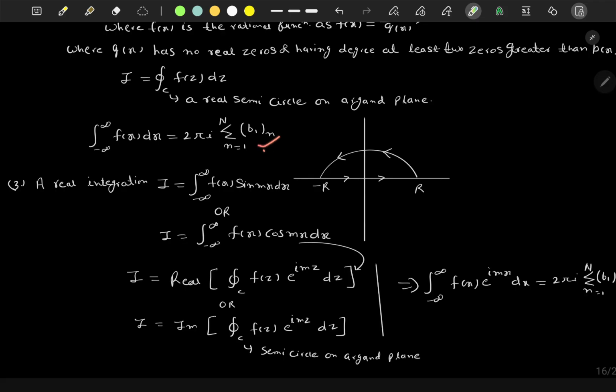Simply it is the residue. You are taking the closed contour around that semicircle, so you can put the limits as minus infinity to plus infinity.